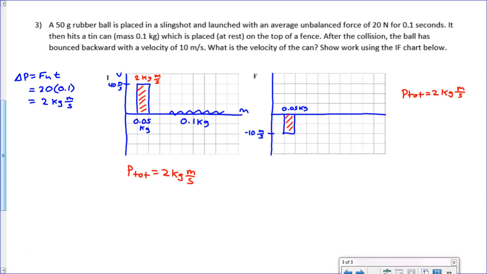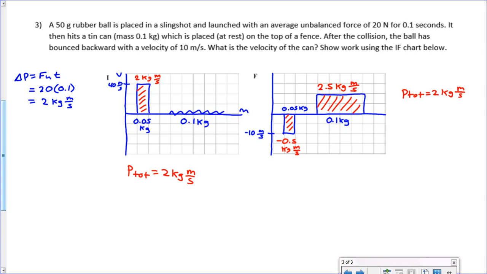If you take 0.05 times 10, you get negative 0.5 kilogram meters per second. All right, and so we know the total is 2. And if it has to total up to be 2, then we know that this can, which is 0.1 kilograms, has to have a momentum of 2.5 kilogram meters per second, because it has to add together to be 2, and we know the ball has negative 0.5.